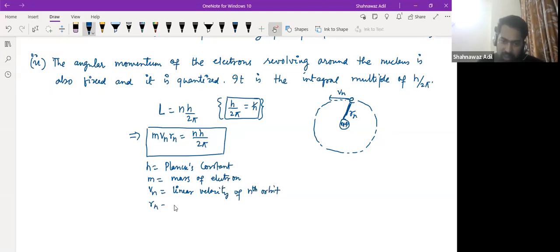Rn is the radius of nth orbit. So you guys please note down these things.